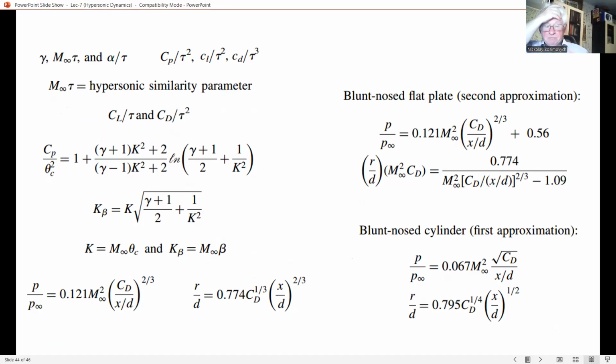This is because hypersonic similarity stems from the hypersonic small disturbance equation, and this concept applies only to slender bodies at small angle of attack.